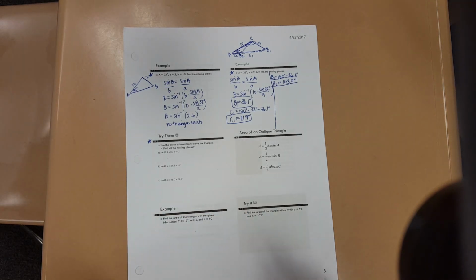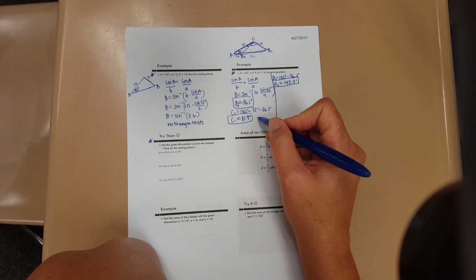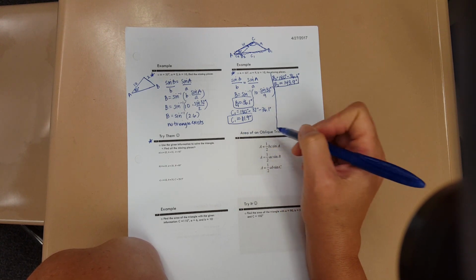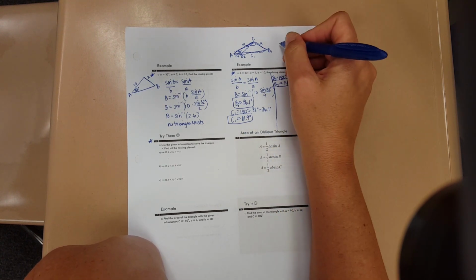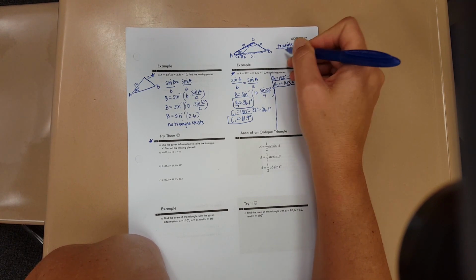Okay, now I'm going to find side c, and I'm running out of space. I'll put triangle 1 right here. Triangle 1. So here we go.